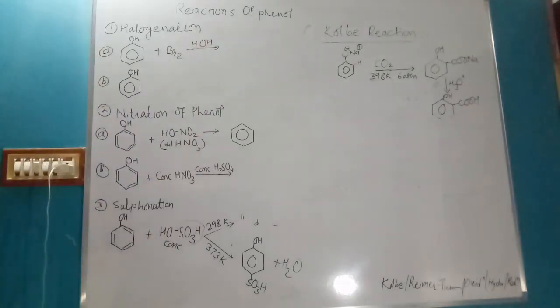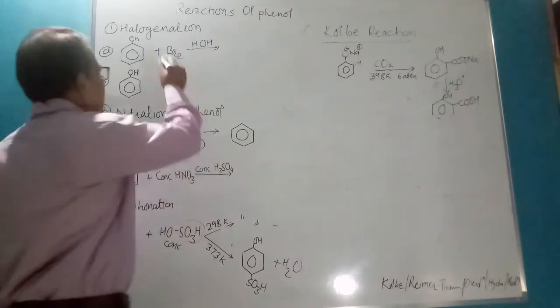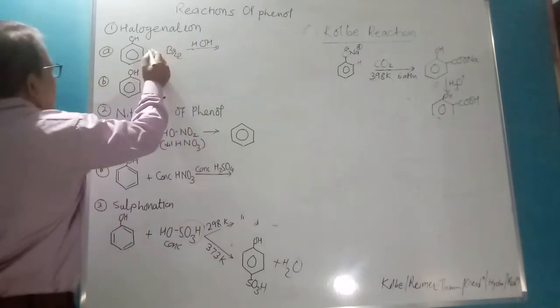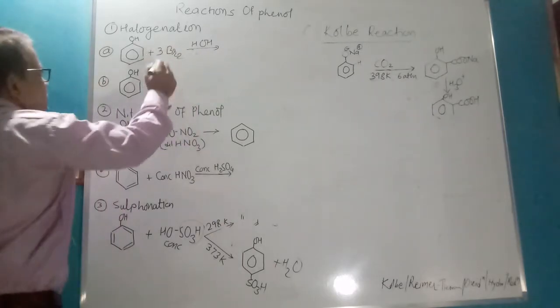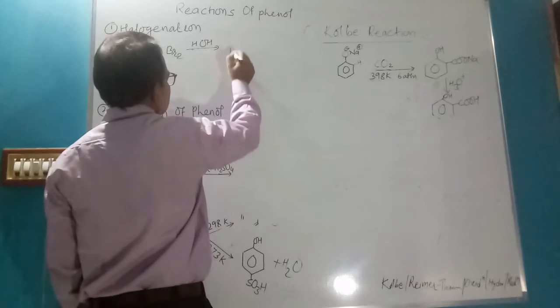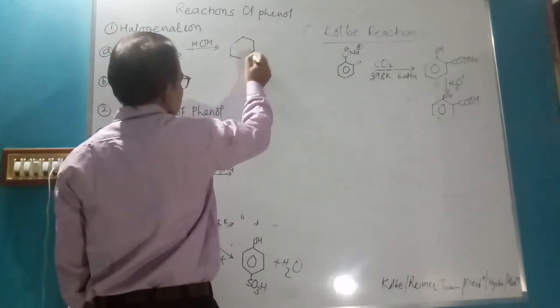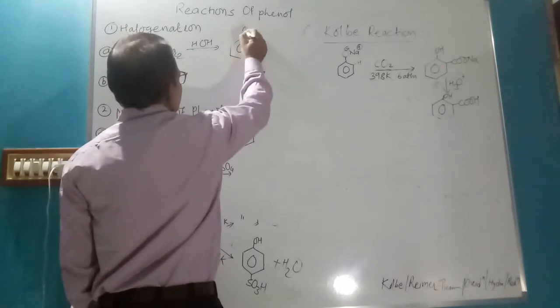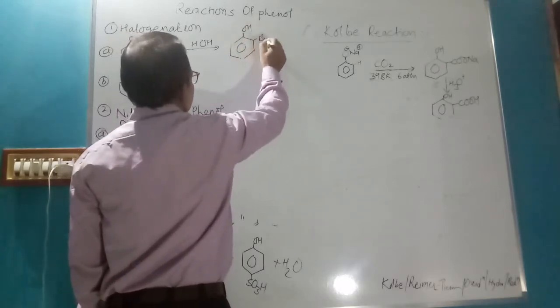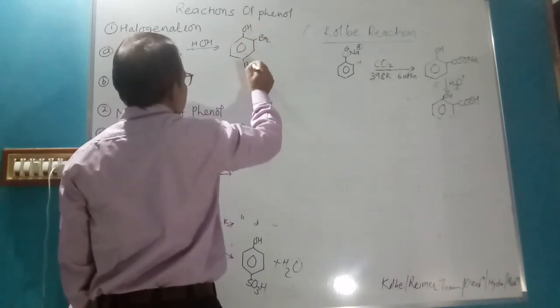gives white color product 2,4,6 tribromophenol. So substitution takes place at 3 positions. It gives like this. This is OH, Br, Br, Br.